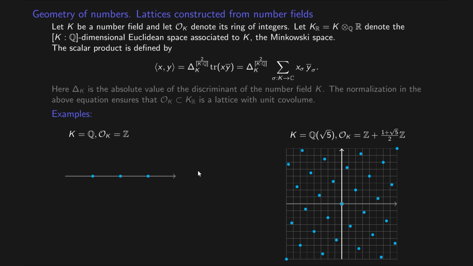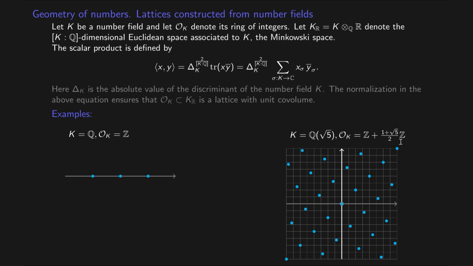Another example is a bit more difficult. This is a quadratic field, Q adjoint square root of 5. In this case, we know how the ring of integers looks like. It is this two-dimensional lattice, generated by the element 1 and the element (1 plus square root of 5) divided by 2.